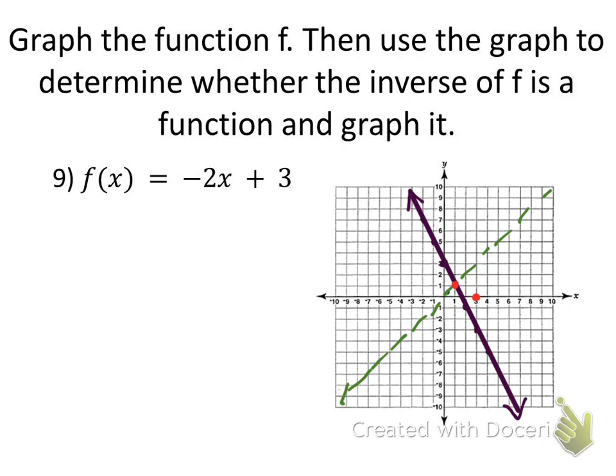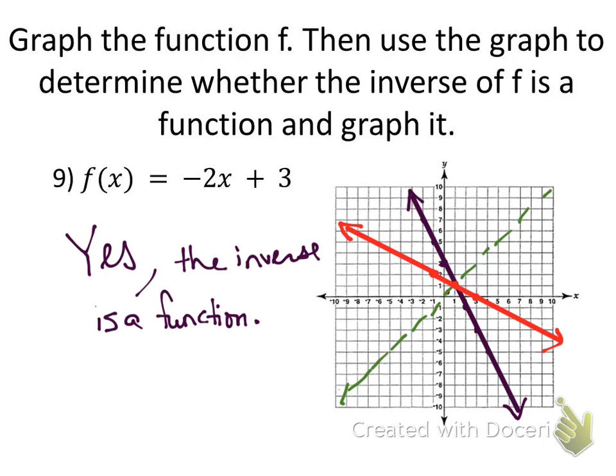So (2, -1) becomes (-1, 2). I'm going to connect the points and see what my inverse looks like. And then you've got to determine, hey, is that a function? So yeah, it's a function.